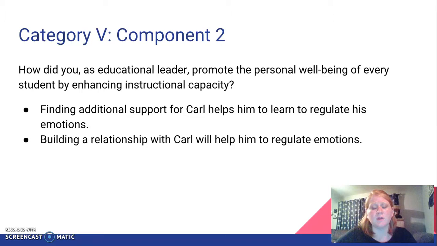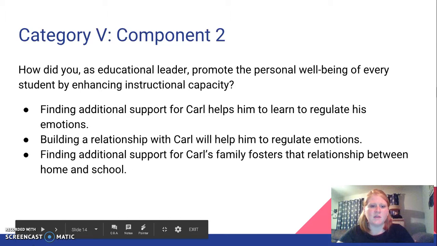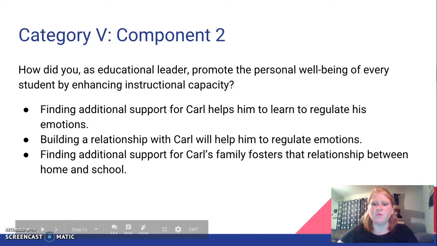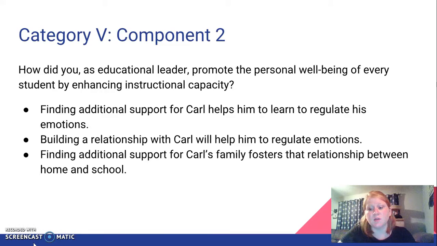He's got to get that support to learn how to regulate his emotions, but he needs to feel a connection. Home life is difficult, and so is school. Finding additional support for Carl's family will foster that relationship between home and school. It'll help to open up that communication and show the family that we really care about Carl.